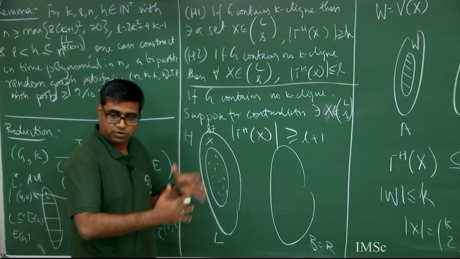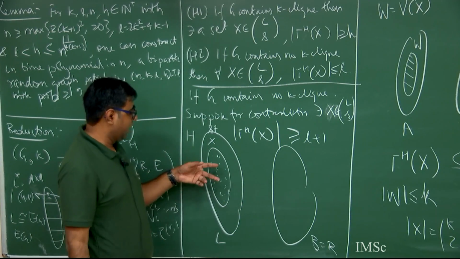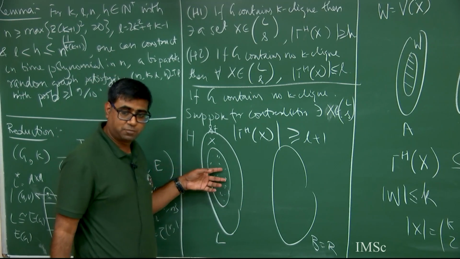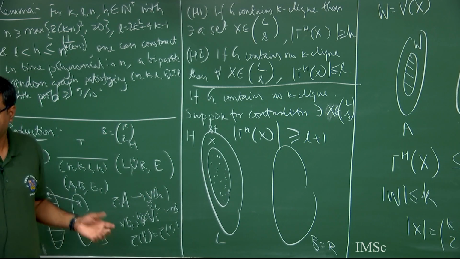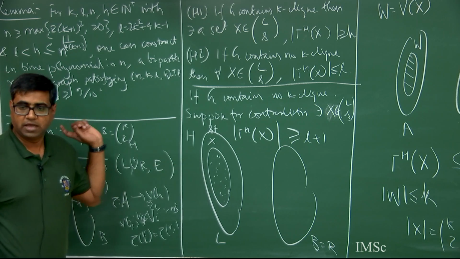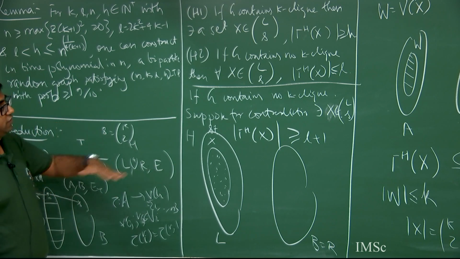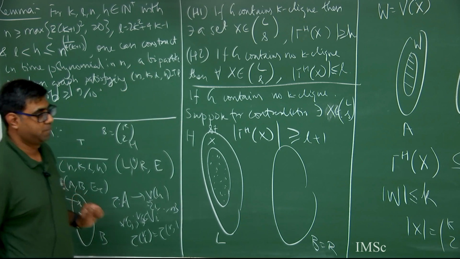So the size of W is exactly equal to K. It means every pair is present, but a pair is present in L only if the corresponding vertices have an edge in my original graph, which means that I have a clique in my original graph, right? So this is the threshold property by which we showed H1 and H2.